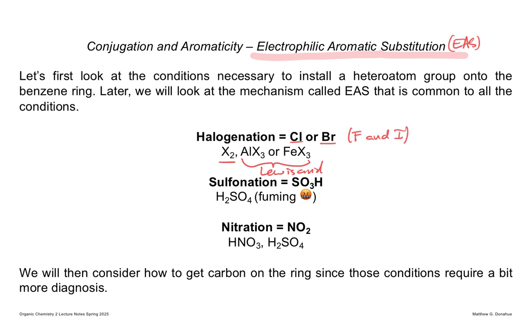To get sulfur onto the ring, called sulfonylation or sulfonation, we use fuming sulfuric acid. The fuming means that there's sulfur trioxide bubbled into the sulfuric acid.